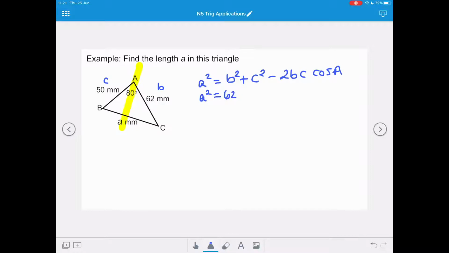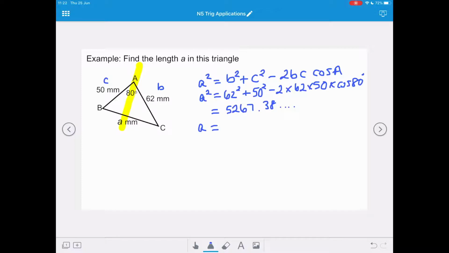So a squared equals 62 squared plus 50 squared minus 2 multiplied by b, which is 62, multiplied by 50, and multiply that by the cosine of 80 degrees, which is our angle A. If we put that in our calculator, we're going to end up with a squared equaling 5,267.38, and so on.